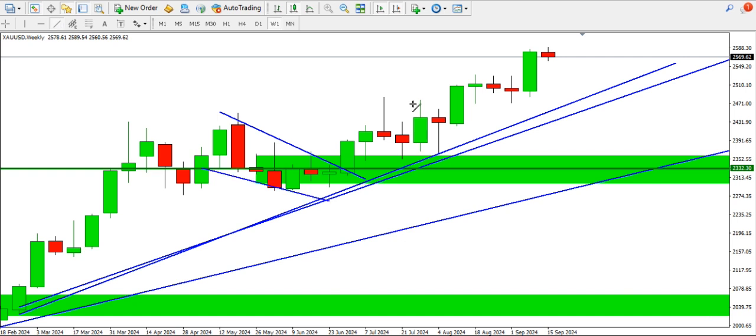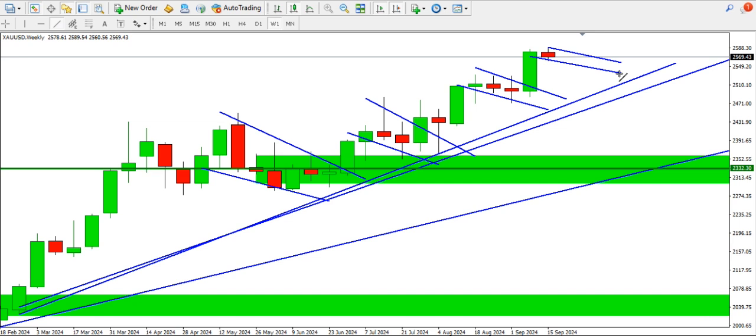Another flag pattern breakout around here happened just a couple of weeks back, where this flag pattern was broken.